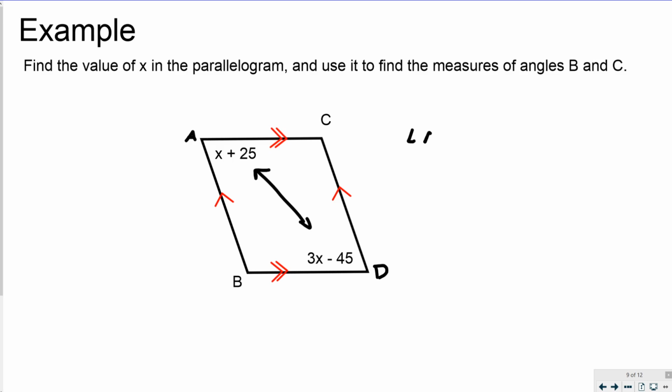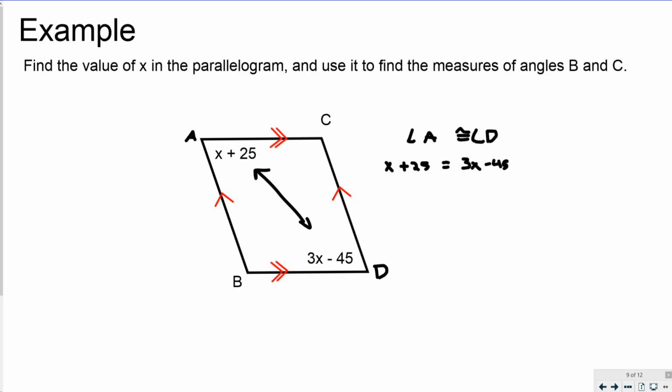So angle A is congruent to angle D. And because they are congruent, I can make substitutions. X plus 25 is equal to 3x minus 45, since I can substitute equivalent expressions.